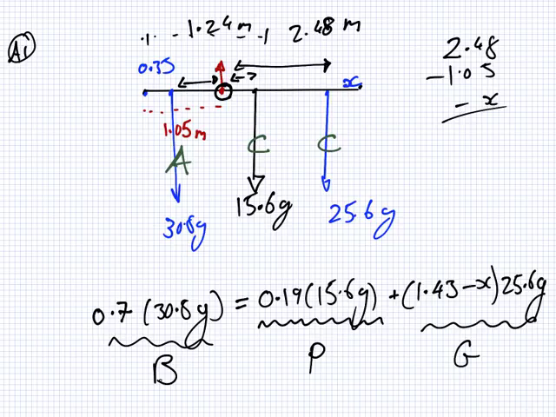But you're given a support. Like if you were to put the turning point, let's say in the middle, then what would the force of the support be? You know what it would be, Monica, because it would have to equal 30.8 G plus 15.6 G plus 25.6 G. But you have the unknown distance. No, listen, you're not listening. You got something stuck in your head as an idea that it's impossible, so you need to listen carefully, okay?